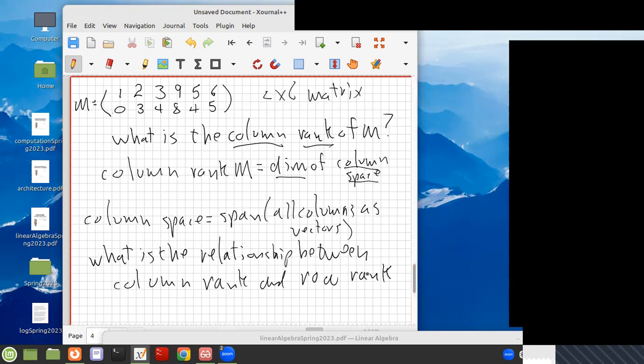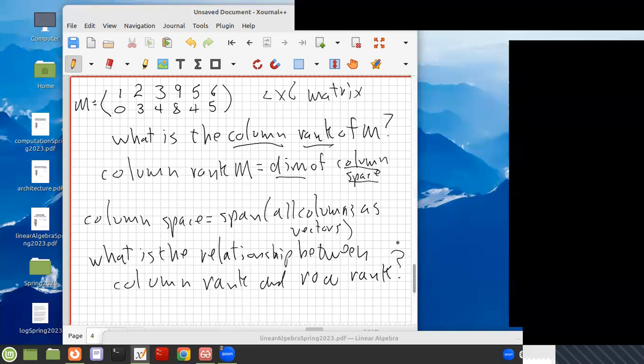Row rank, of course, is the dimension of the row space, and the row space is the span of all the rows treated as vectors. So do you know what the relation is between the column rank and the row rank?